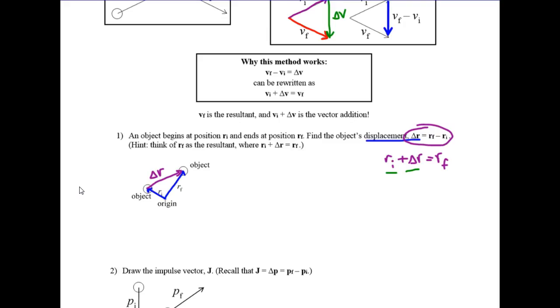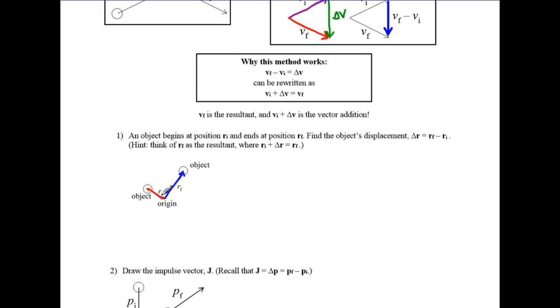Okay. The other way to do vector subtraction, here's the other way. You've got two vectors, r initial, r final, and you want to do, in this problem, find r final minus r initial. Here's r final, and I'm going to draw negative r initial.